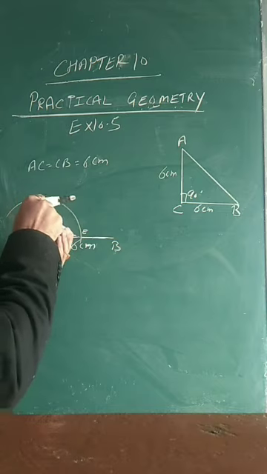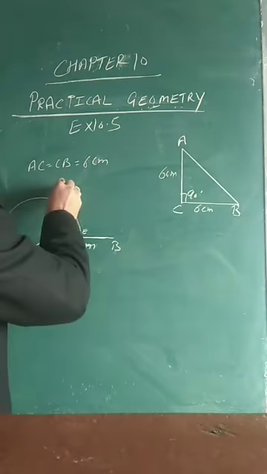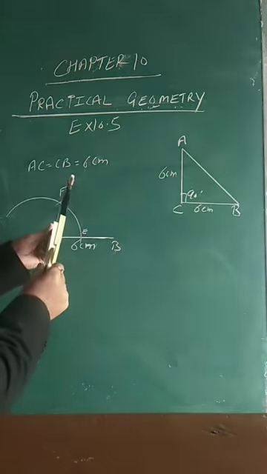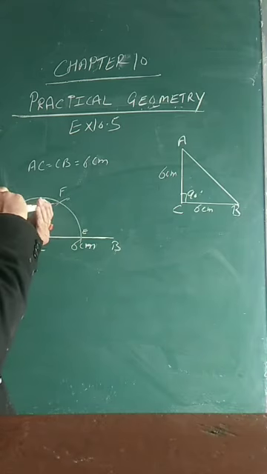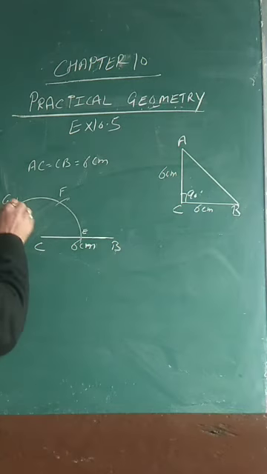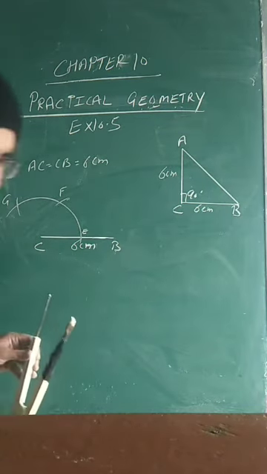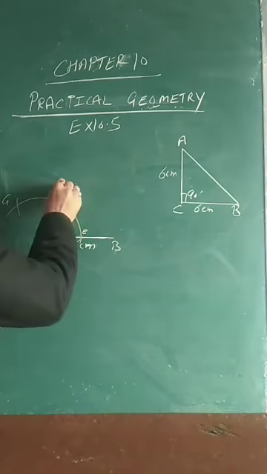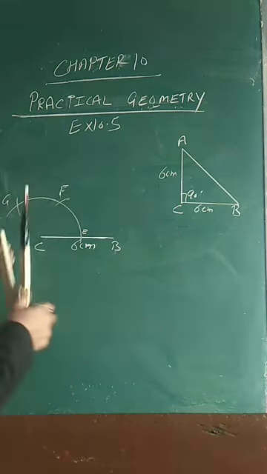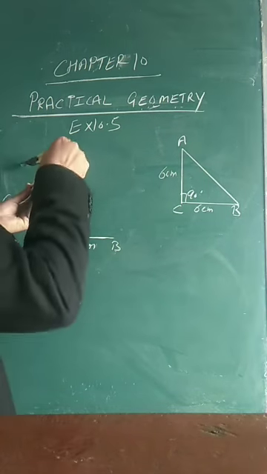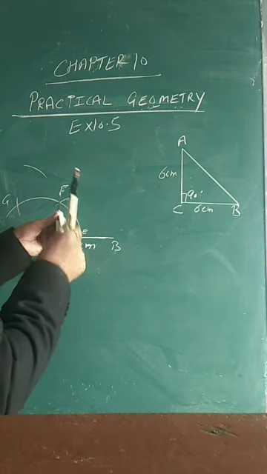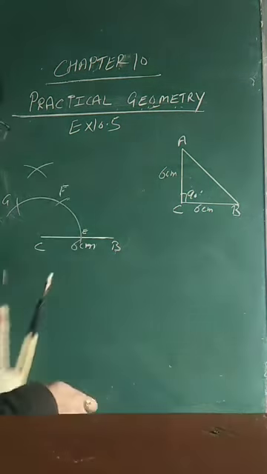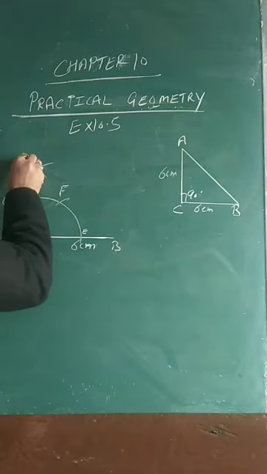This point of intersection is point F. Now taking F as a center, cutting an arc, this point of intersection is G. Now taking G and F as centers, cut an arc in the upper direction. The point of intersection of both we are marking as H.